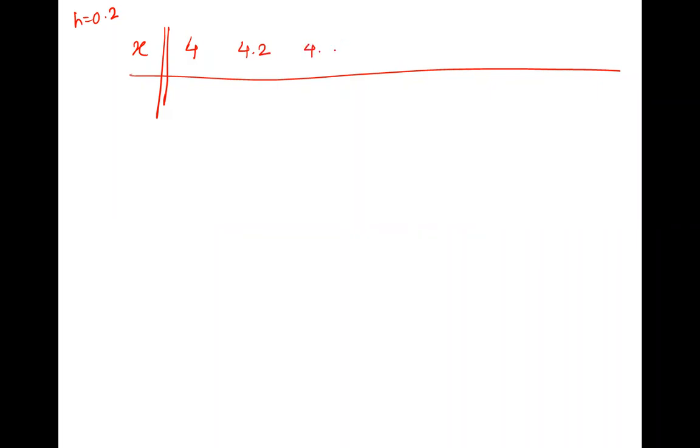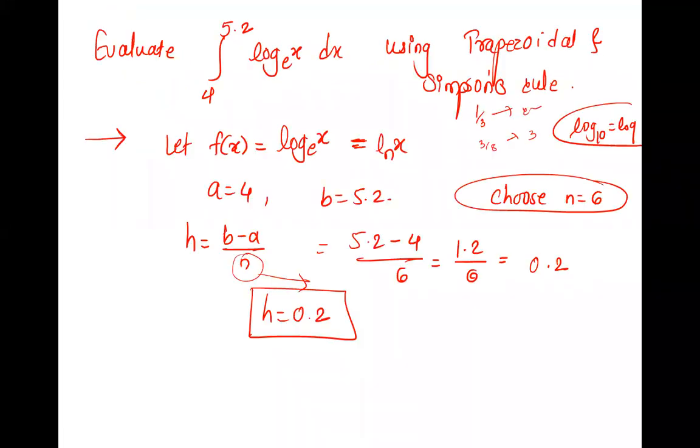Keep adding h to this. 4.2 plus 0.2, 4.4. 4.4, 4.6, 4.8, then 5. And then last 5.2. I think 5.2 is the highest, right? Yes, up to 5.2 we are going.